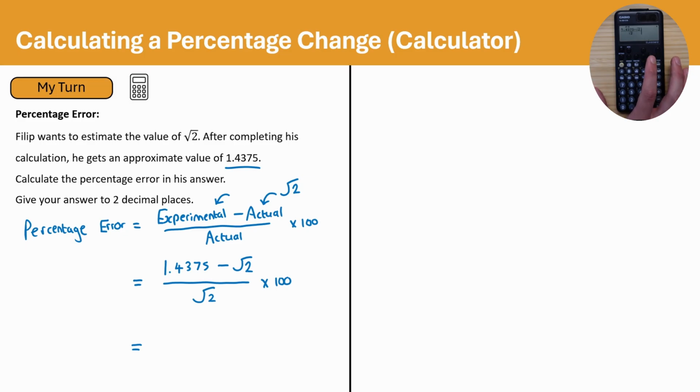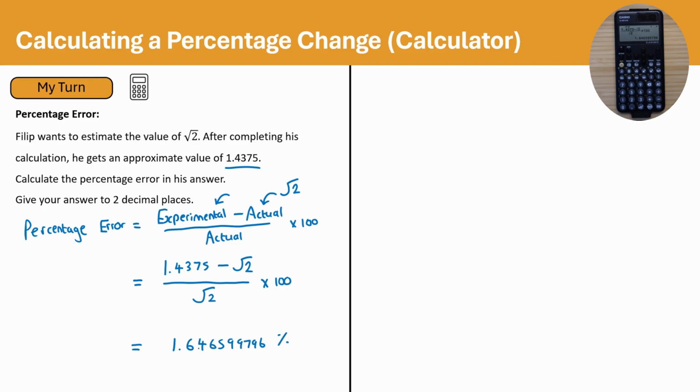And effectively what we're doing here is working out the difference between what Philip calculated and the actual value of root 2, and we want to see what is that error, what's the difference between those relative to the actual value. Multiply that by 100, and it gives you this answer of 1.646599796.